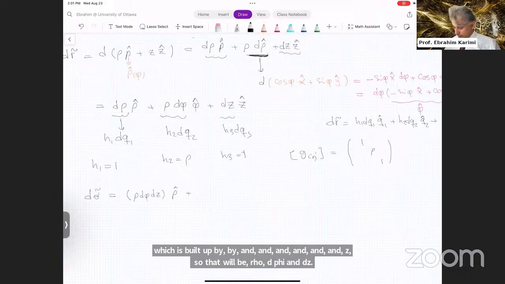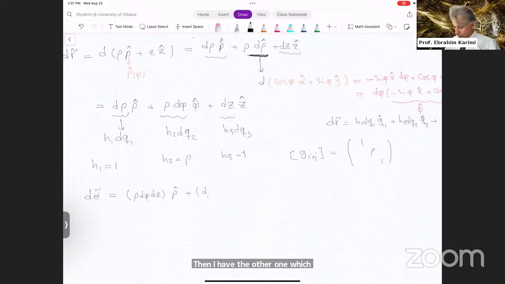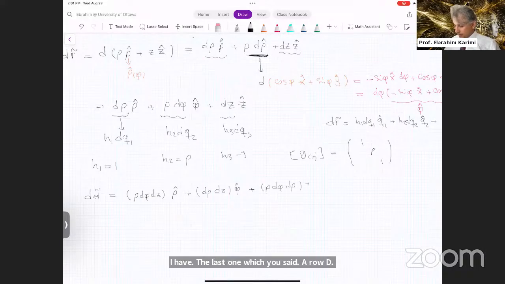Then the other one is d rho dz along phi hat. And the last one is rho d phi d rho along z hat.